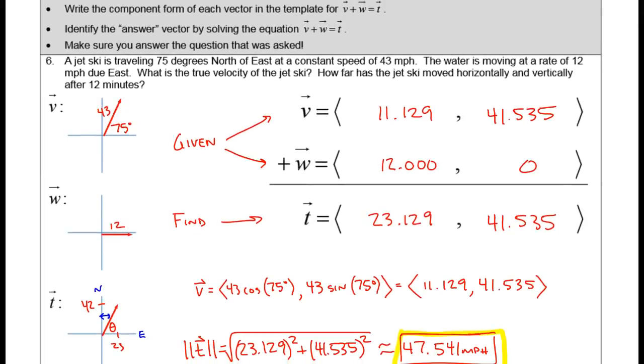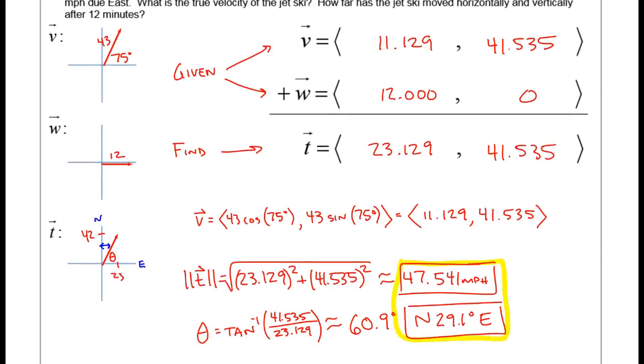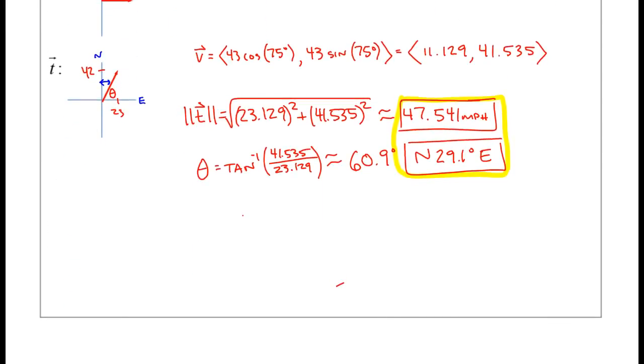Well, let's take a look. Oh yeah, how far has the jet ski moved horizontally and vertically after 12 minutes? So I do have more work to do here. What I have to do is calculate something that we'll call displacement. And for you physics folks, displacement is a change in position. So we're going to have a change in horizontal position and a change in vertical position.